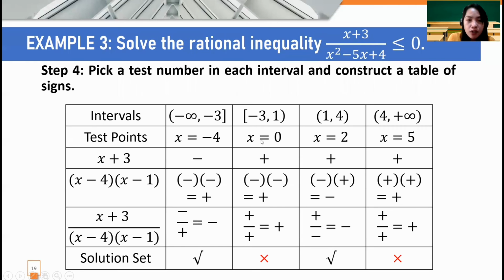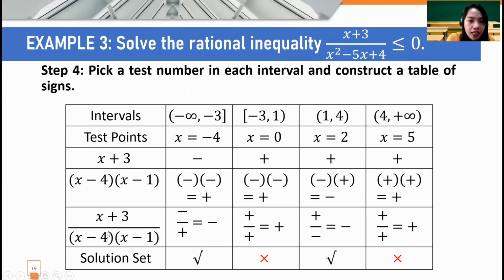And then we can use also the test point 0 in this interval because 0 is inside this interval. We can use negative 2, negative 1, or even the decimal in between these numbers. We have 2 here as the test point. You may use 3 as your test point. And then in this interval, we can use 5, 6, 7, or even 100 if you want.